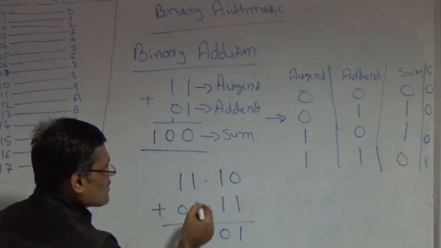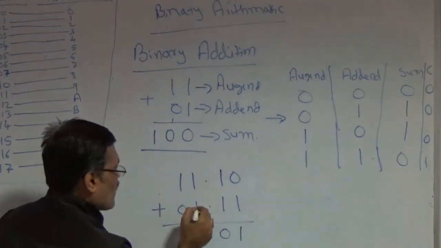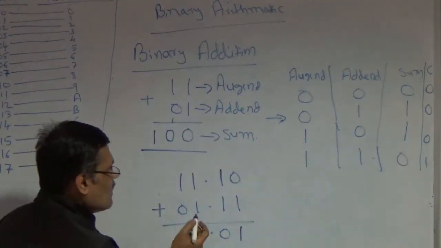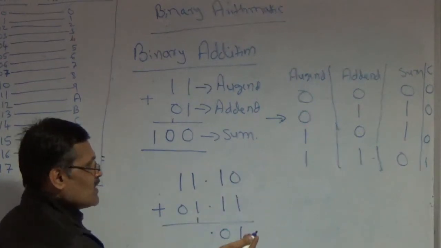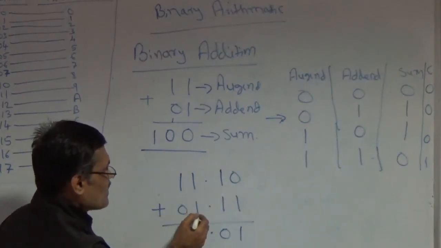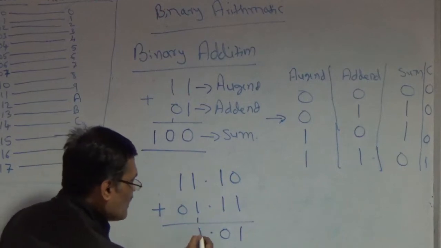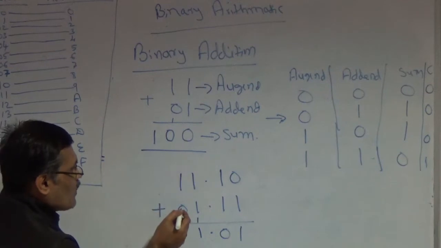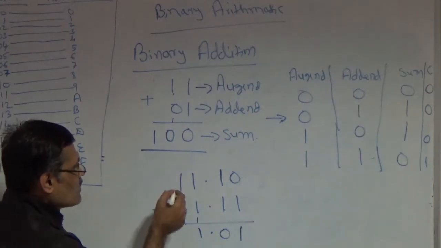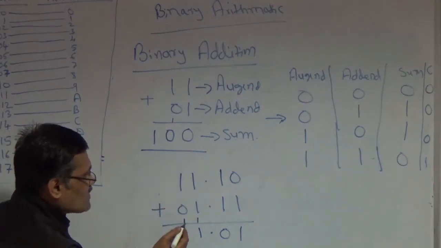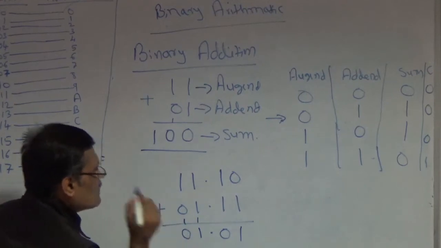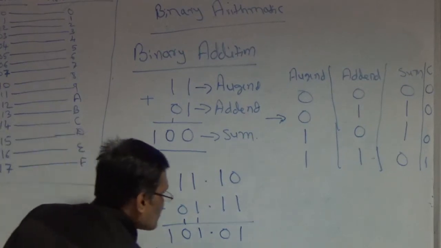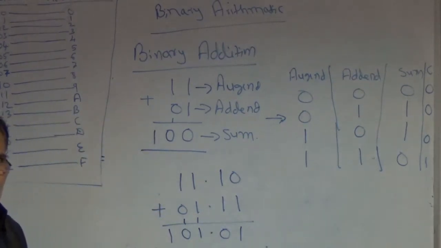Now 1 plus 1, both augend and addend are 1, so the sum is 0, and there is one more carry that was previously generated, so 0 plus 1 is again 1, and whatever carry is generated you take here. Now 1 plus 0 is 1 only, then 1 plus the carry 1: the sum is 0, carry is 1. So the overall result is 101.01.